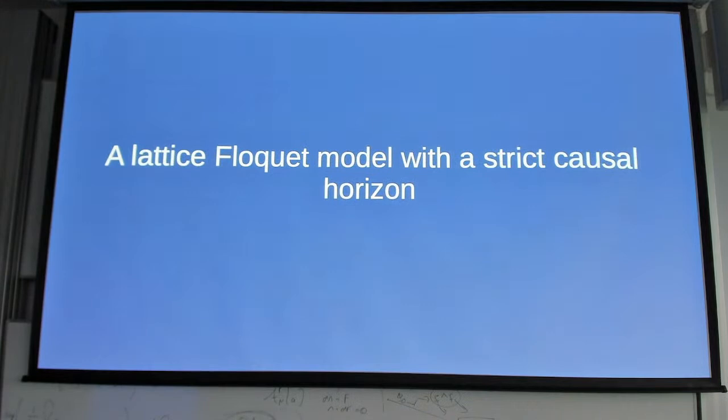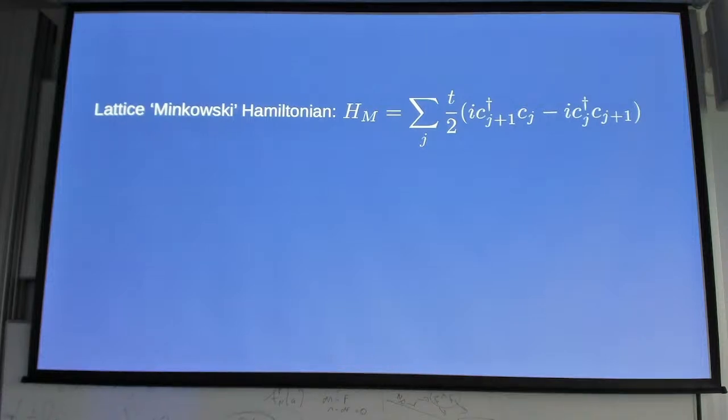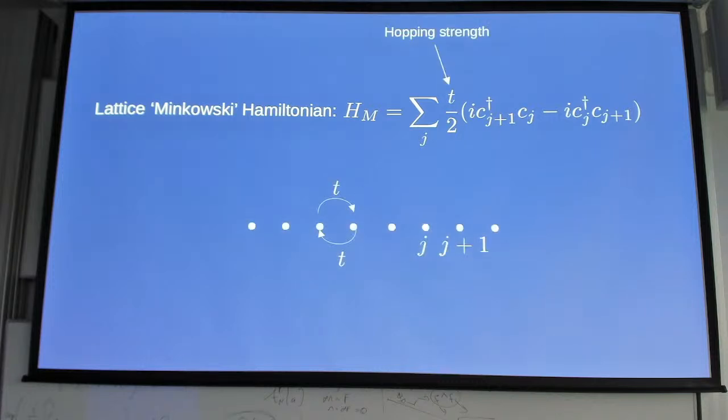Okay, now the lattice model. So now we want to mimic this behavior on the lattice, and it was already pointed out that it's not going to be so trivial. What is trivial is defining a lattice version of our Minkowski Hamiltonian. It's the most trivial Hamiltonian you can write down.